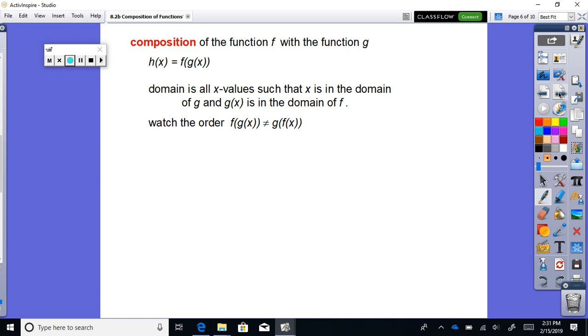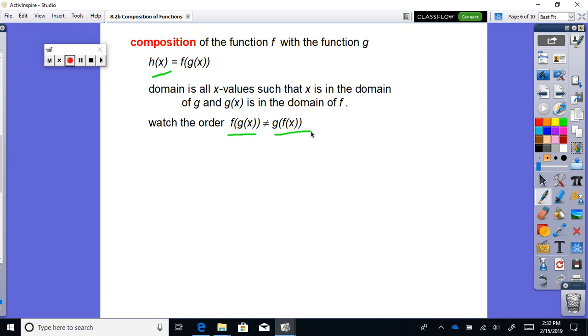The domain for h is all the x values such that x is in the domain of g, and g of x is in the domain of f. So that'll make more sense as we go. Really, we're just going to look at the resulting function and find the domain of that. Watch the order though. If you take f composed with g, it is not equal to g composed with f.